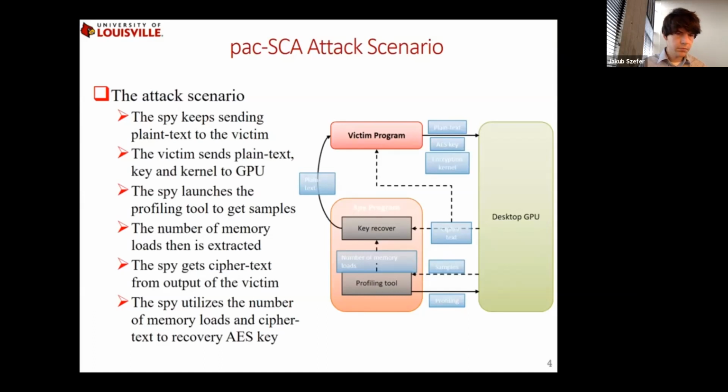Then the spy will launch the profiling tool to get samples, specifically the number of memory loads. Then the spy gets ciphertext from the output of the victim, and utilizes the number of memory loads and the ciphertext to derive the AES key for each round.